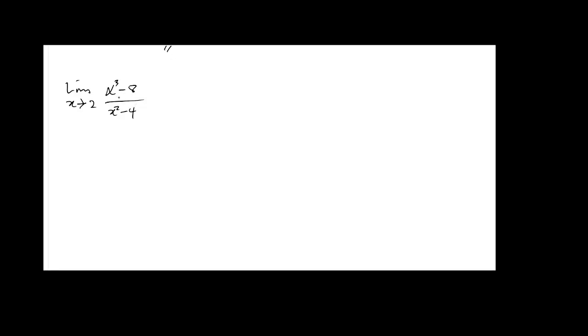Remember, if we do direct substitution, we are going to have 2 raised to power 3 minus 8 all over 2 raised to power 2 minus 4, and this will give us 2 times 2 times 2, that is 8 minus 8, 0, and 2 squared is 4 minus 4, 0, which is undefined. So this cannot work. How do we do this?